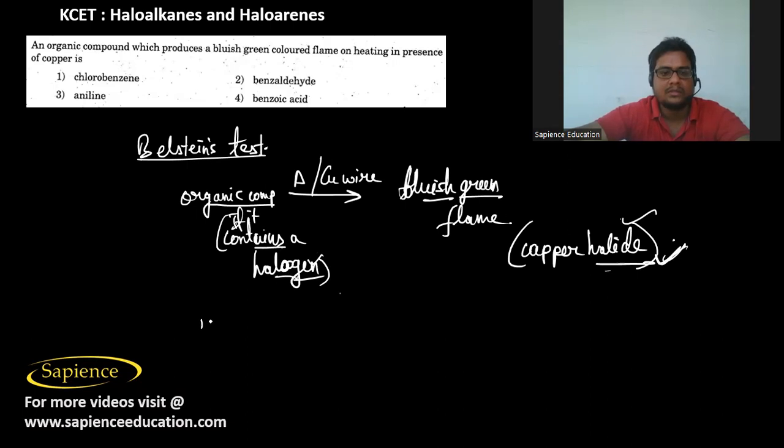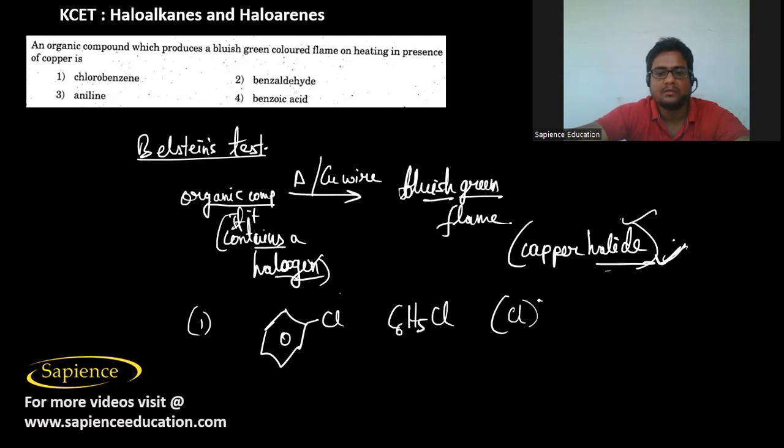Now in the first option we have chlorobenzene, which is C6H5Cl. It contains the halogen, that is chlorine, and hence it will obviously give this Beilstein's test. It means that it will form a bluish green flame on heating with copper.